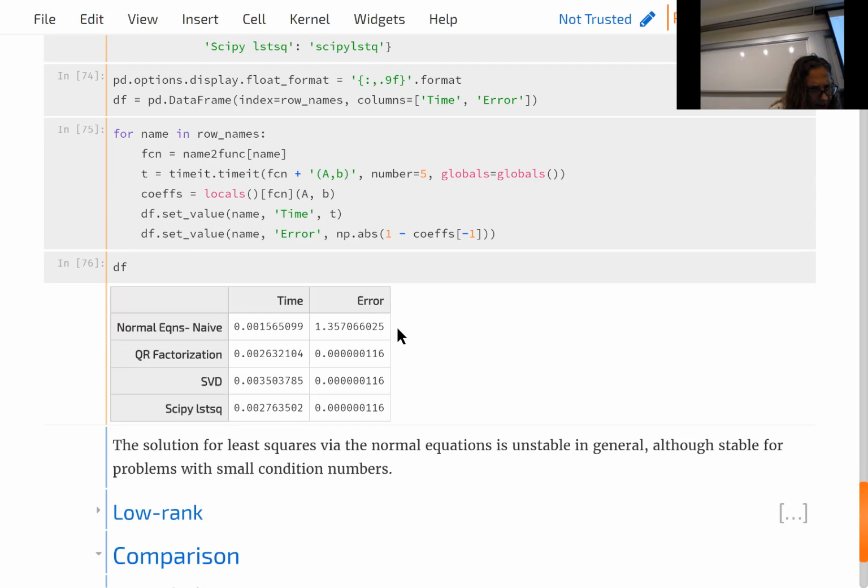Then here, we'll see again there's a big error for the naive approach where we take the inverse. Time-wise, QR is a bit faster. Well, really, the naive approach is the fastest, but just very wrong. QR factorization is the fastest of the ones that are correct.